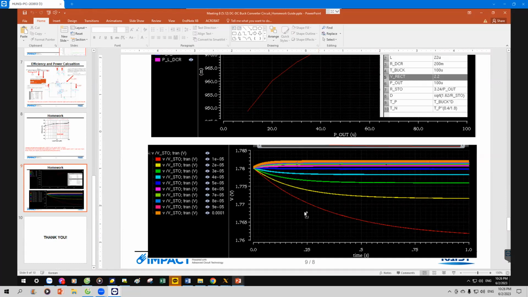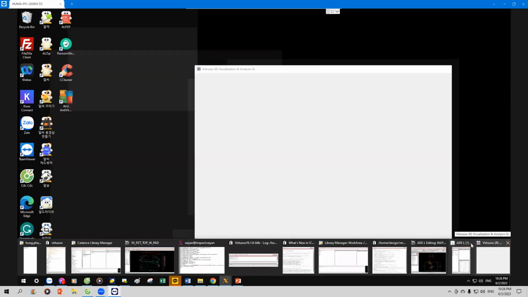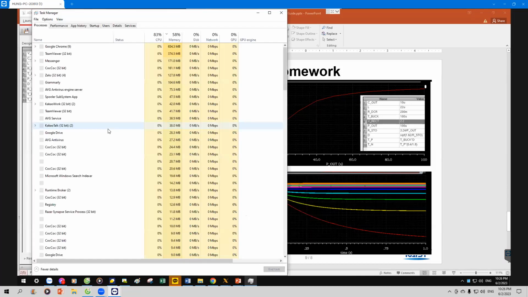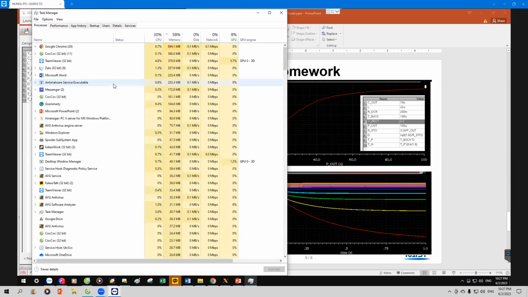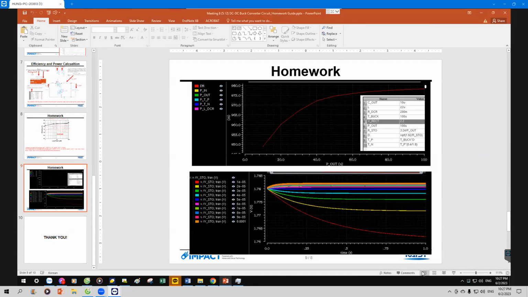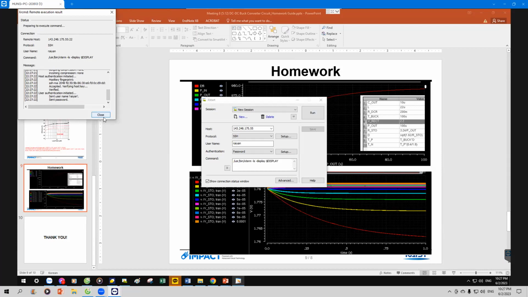Try checking your waveform, but why is it not loaded? I will open it again.